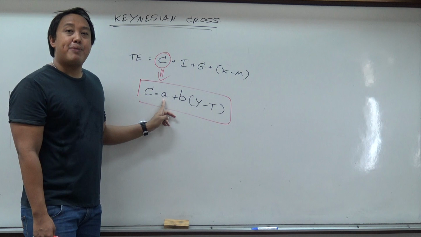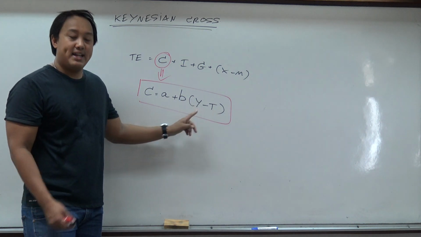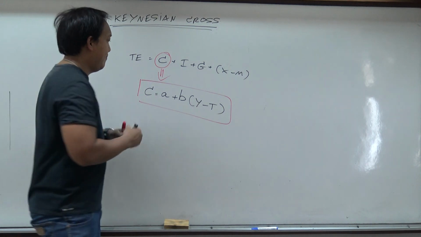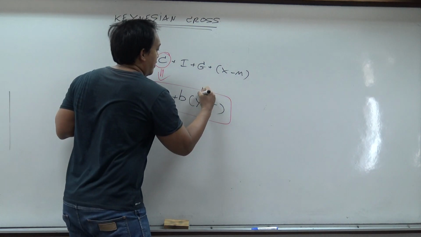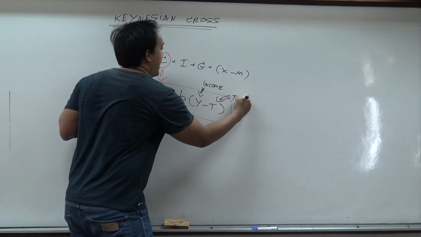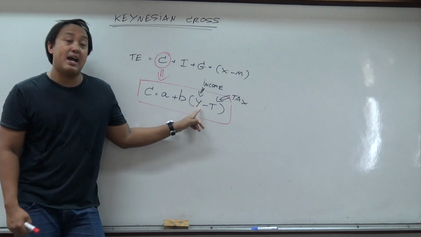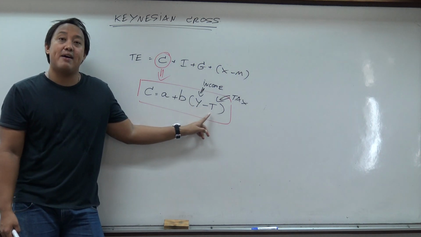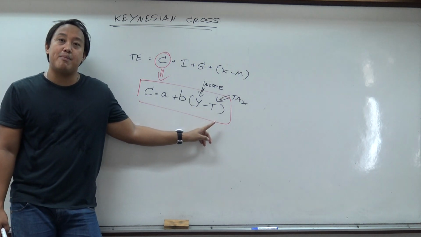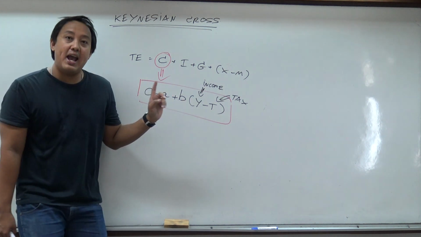A is just some parameter, B is just some parameter, Y in this case is income, and T is tax. So Y minus T is income after tax. So what are A and B?